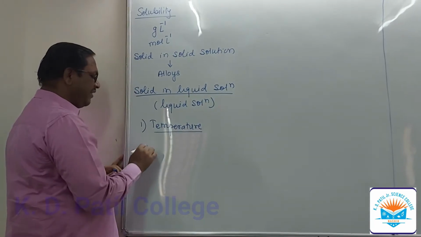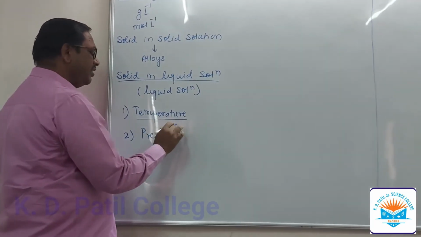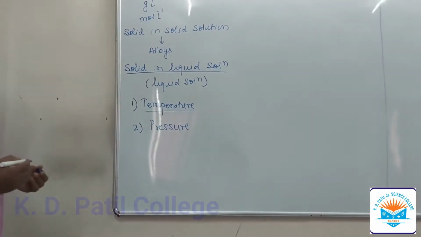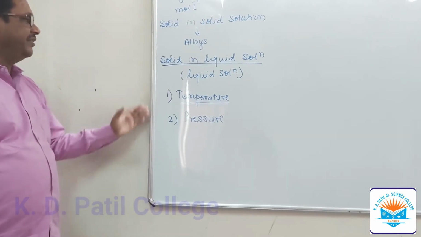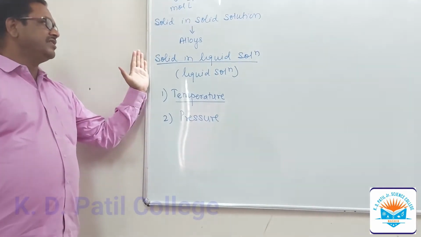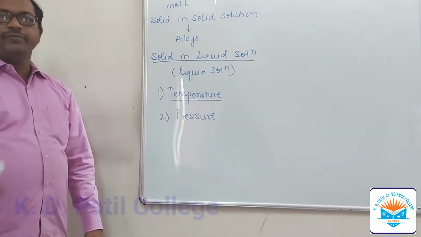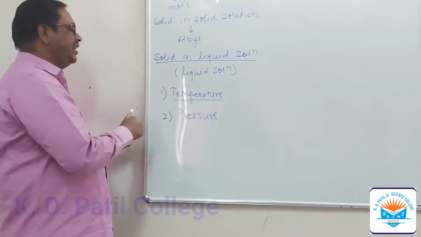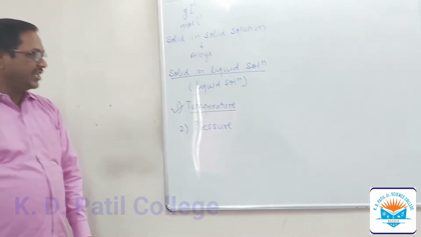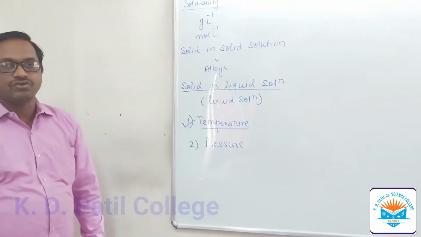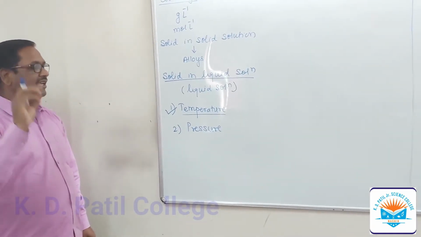The second factor is pressure. Remember, pressure does not affect the solubility of solid in liquid. In this way, the solubility of solid in liquid depends mainly on one factor, temperature, because when temperature increases, solubility of solid in liquid also increases.